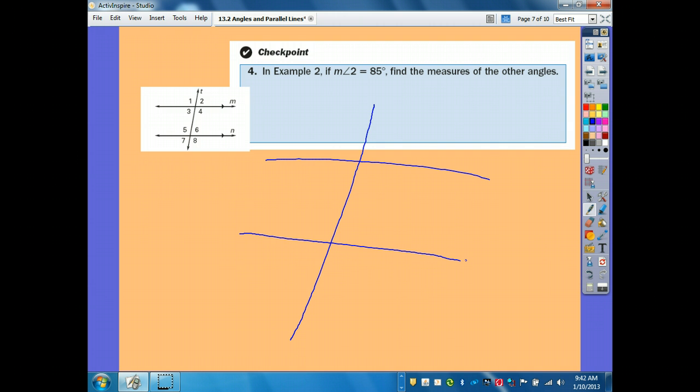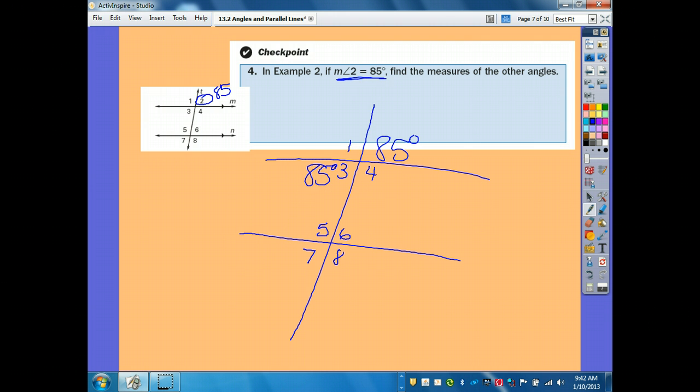If we know the measure of angle 2 right here, they're telling us that that is 85 degrees. We can label everything else in degrees. Give me some other angles that would be 85 degrees. Bethany, give me one. 3 would be 85 degrees.